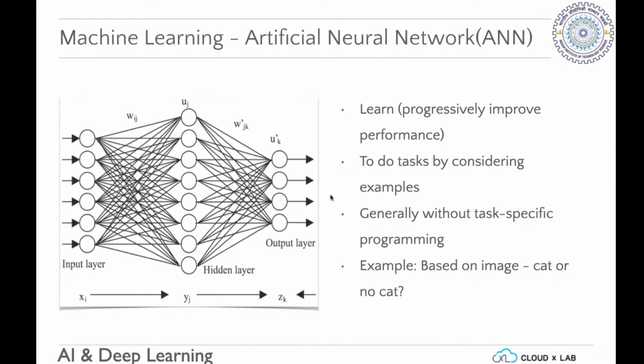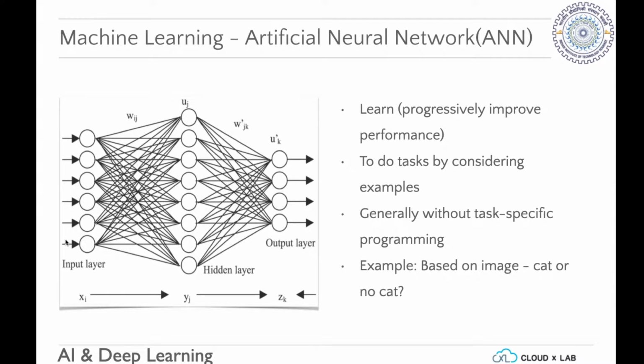So this is what an artificial neural network looks like. In an artificial neural network you have a bunch of neurons, and each of these neurons is tied to other neurons. Let's look at this case. There is an input layer.